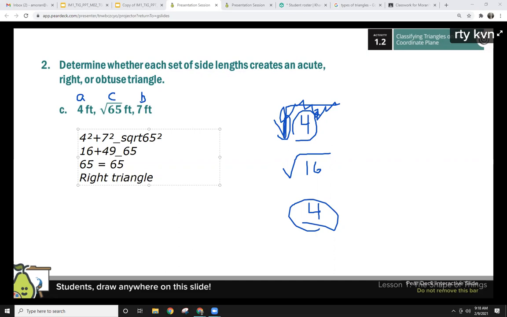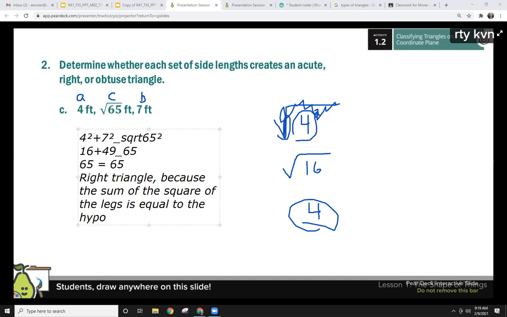Okay, so it's a right triangle because the sum of the squares of the legs is equal to the square of the hypotenuse.